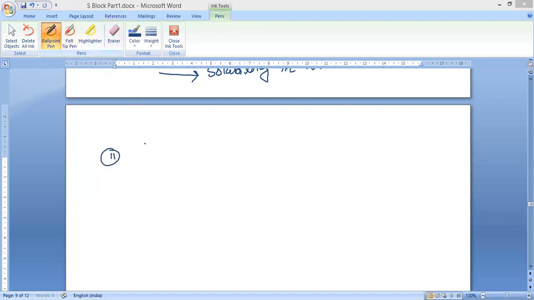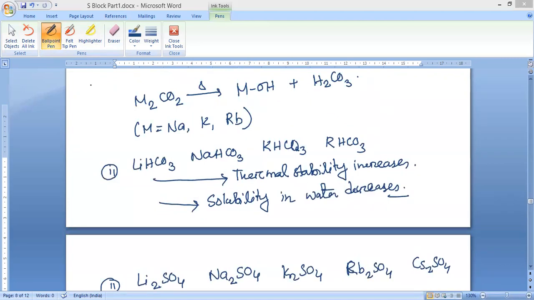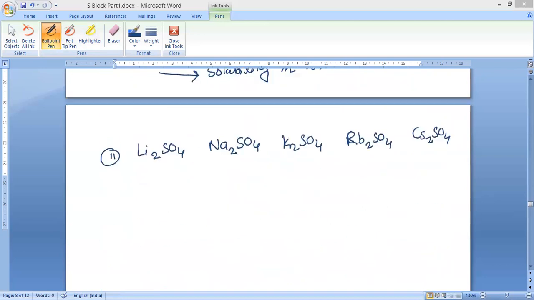Sulfate like Li2SO4, Na2SO4, then K2SO4, then Rb2SO4, Cs2SO4. शायद मैंने कुछ गलत लिखा है. Yes, K, then rubidium bicarbonate, then cesium bicarbonate, और ये है सल्फेट सॉल्ट.